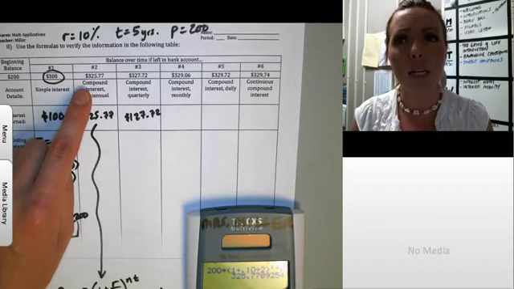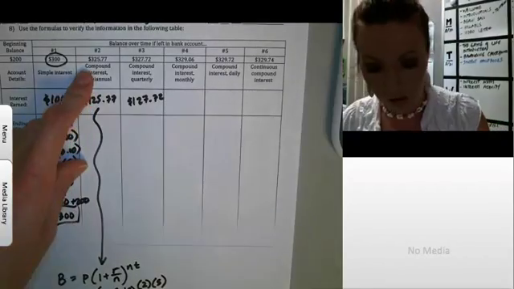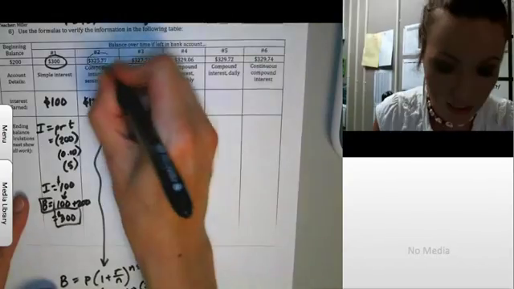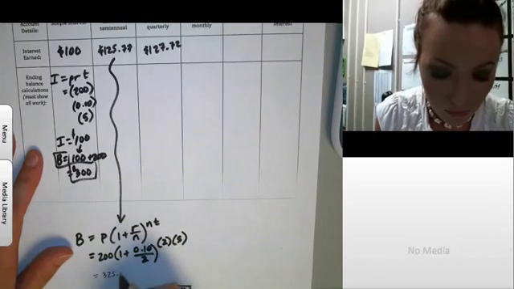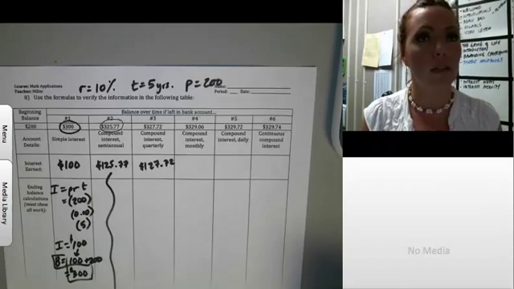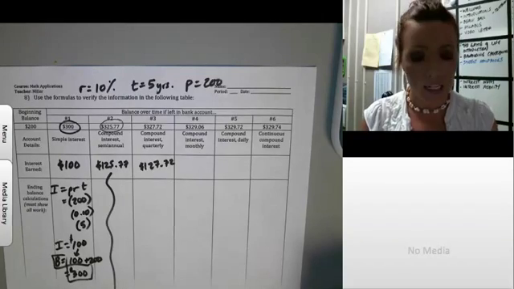Is there anyone who did not get that? Okay, I'm going to come look at yours. It should be the thing that's up at the top, 325.77. So on this one, do we have to add interest back in or anything? No, why not? It's already taken into account, right.